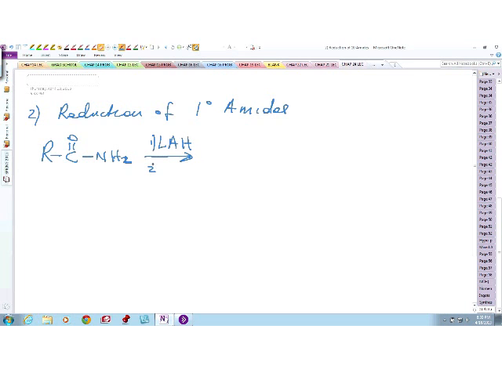We've done this before also, followed by hydrogen ion. At this point you reduce the carbon-oxygen double bond to a methylene group, or a CH2 group. So it becomes another method for making primary amine.